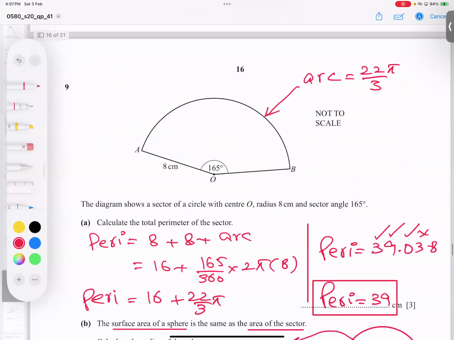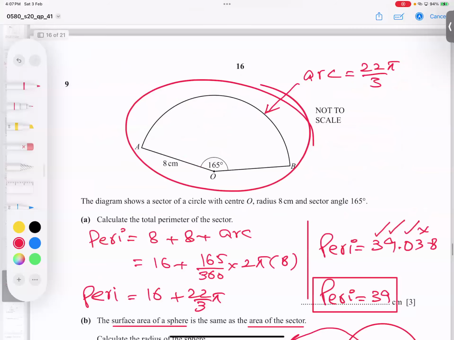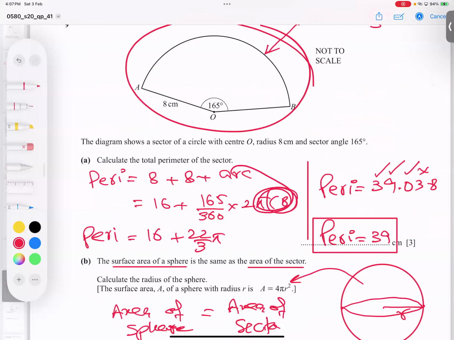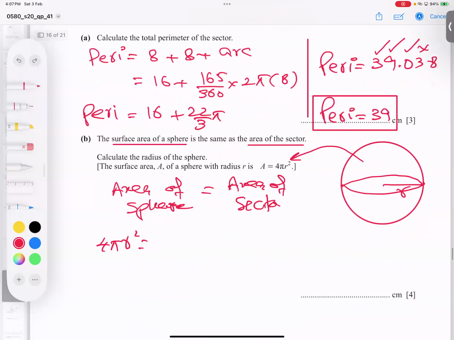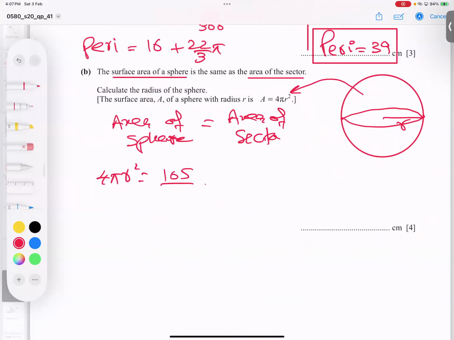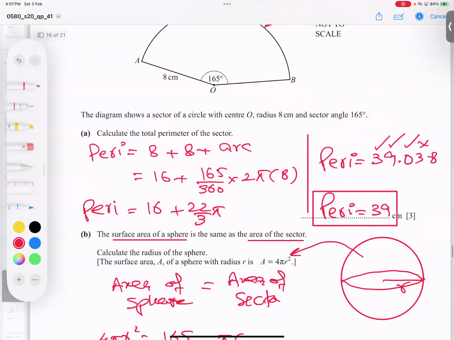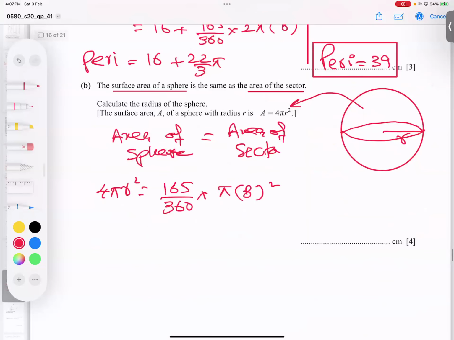And what is the area of sector formula, students? Everything is the same, only pi r square here. So I'm writing now 165 over 360 times pi r square, and r is 8.